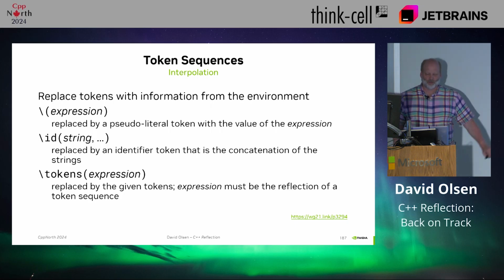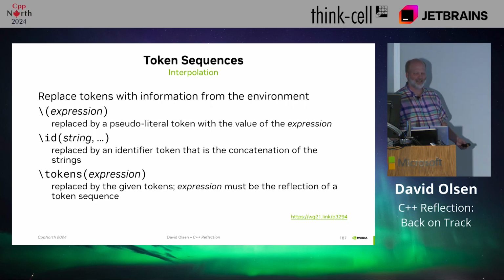Creating and injecting token sequences that consist entirely of fixed tokens is not useful. To accomplish anything, there needs to be a way for token sequences to contain variables or placeholders of some sort that are filled in when the token sequence is injected. There are three ways to do that in the proposal. A backslash followed by a compile-time expression in parentheses is replaced by a pseudo-literal token that represents the value of the expression.